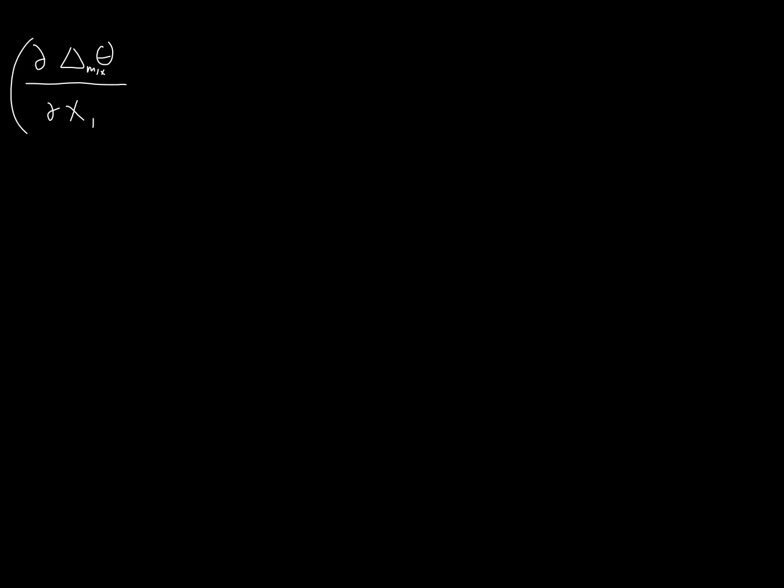The first one we're going to take is just the partial derivative of the delta mixing with respect to x of 1. In this case, it'll be a binary mixture.